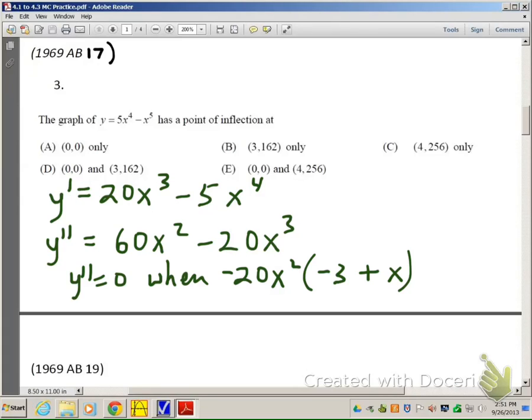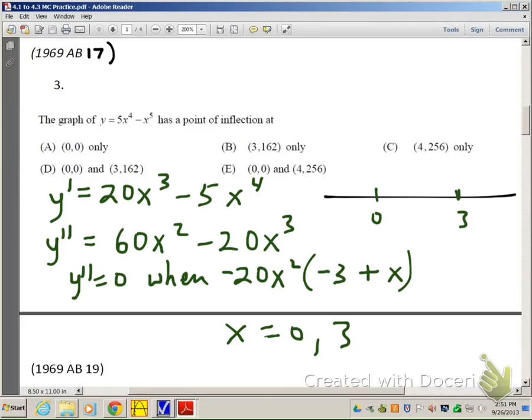Okay, sorry, I think I may have done that a little bit too much in one step, but nevertheless, we see that when x is equal to 0, and when also x is equal to 3, y double prime is equal to 0. Does that mean we have a change in sign on both of those? Not necessarily, so we always have to check that. Let's check 0 and 3.